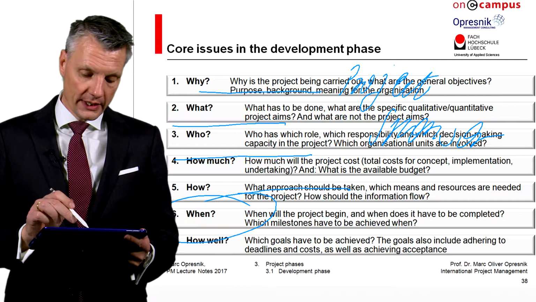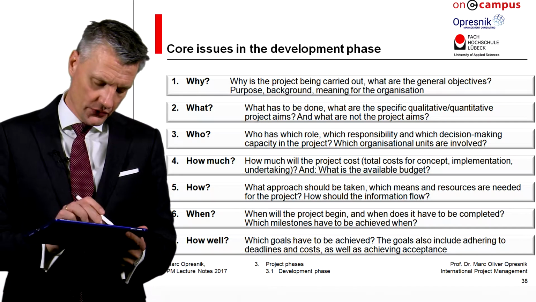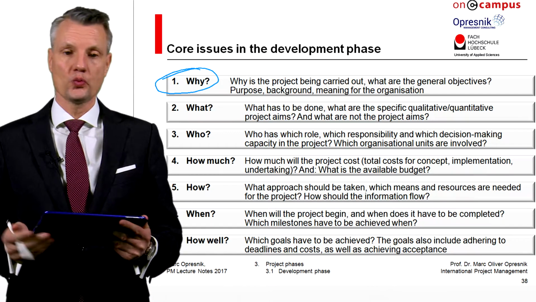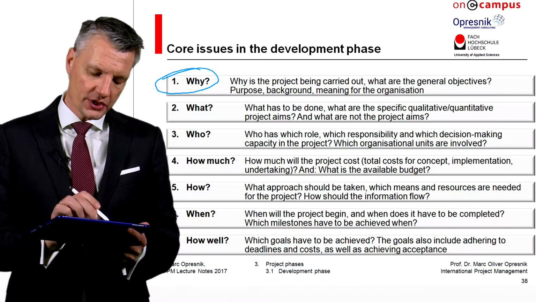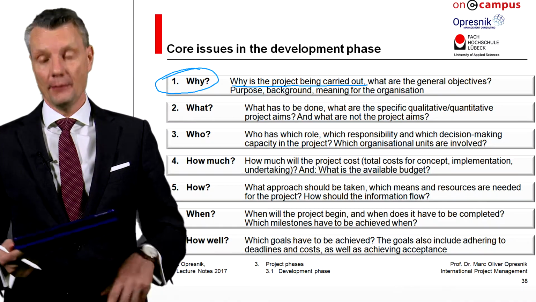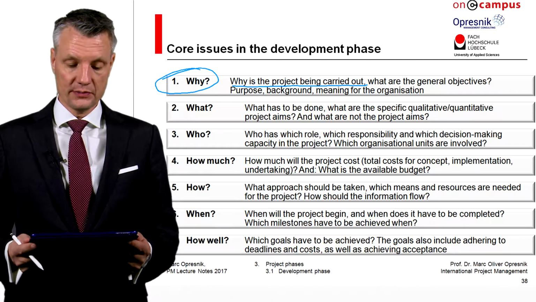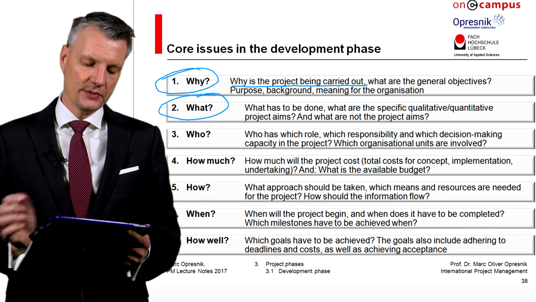What are the core issues or tasks in the project development phase? First, you have to answer the question, why? This is about the mission, the goals. Why is the project being carried out? What are the general overarching objectives that need to be accomplished? Then, what has to be done?